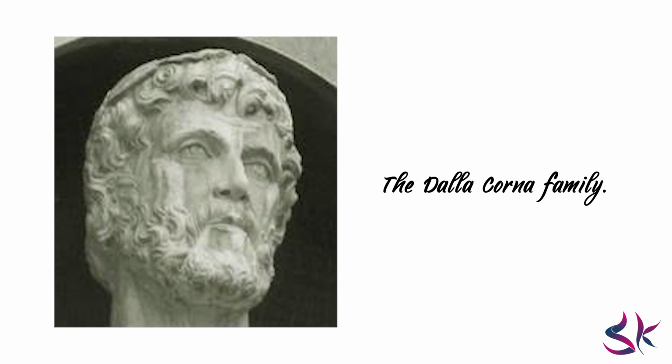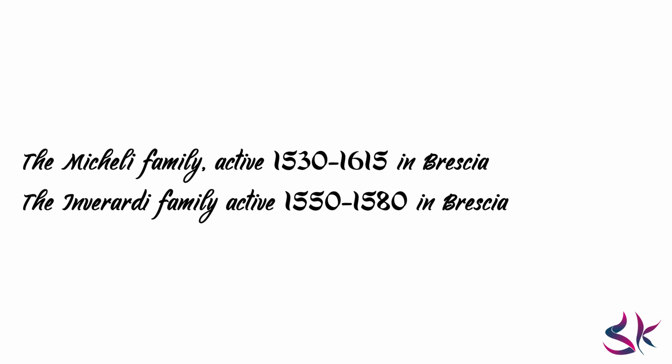The Dalla Corna family, active in 1510 to 1560 in Brescia and Venice. The Michel family, active in 1530 and 1615 in Brescia. The Inverardi family, active during 1550 and 1580.